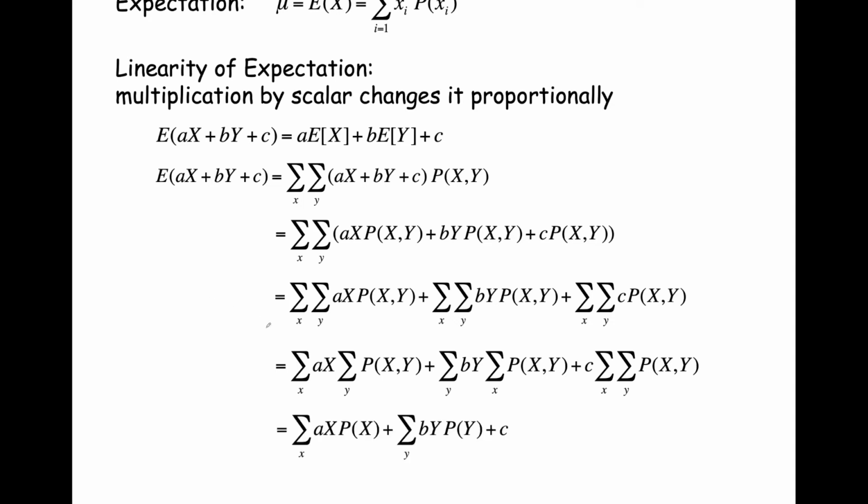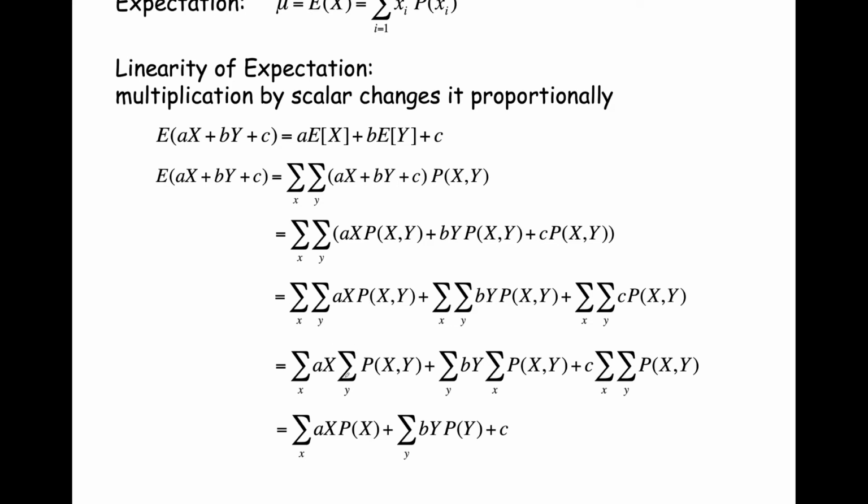So now I'm going to take advantage of something that we talked about before. We talked about this idea of marginalization. And when we marginalize, we said we were going to sum out all the values that one of the variables can take on. So here in this first term, you notice I'm summing out with respect to y.